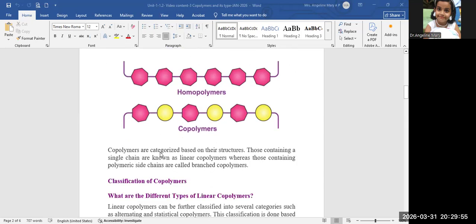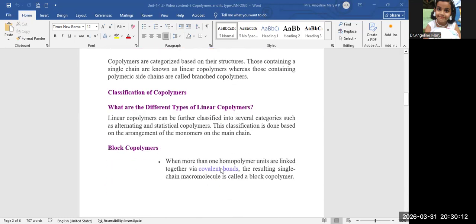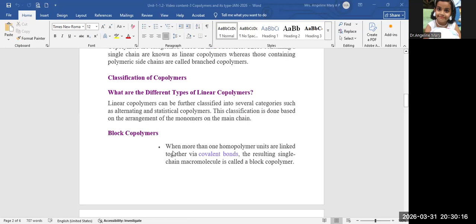Copolymers are categorized based on their structures. Those containing a single chain are known as linear copolymers, whereas those containing polymeric side chains are called branched copolymers. So that is the classification of copolymers. There are different types of linear copolymers.